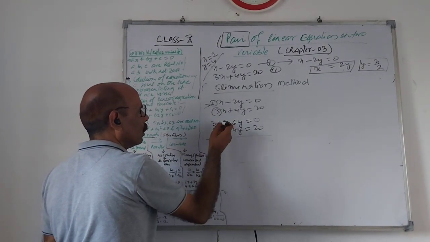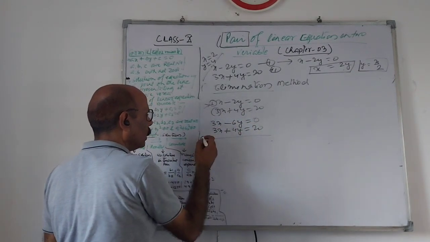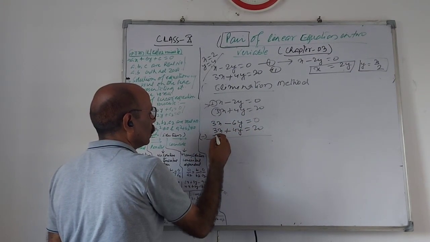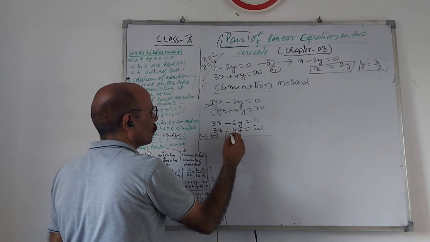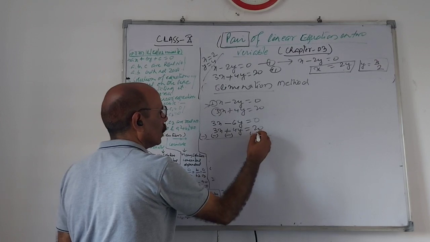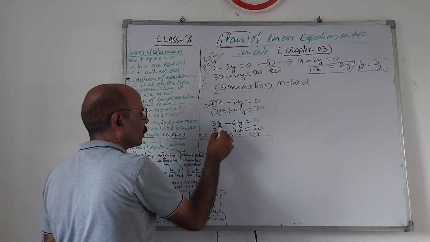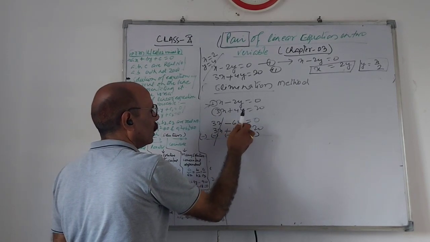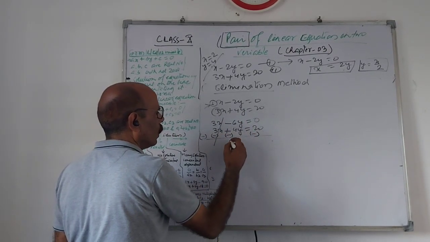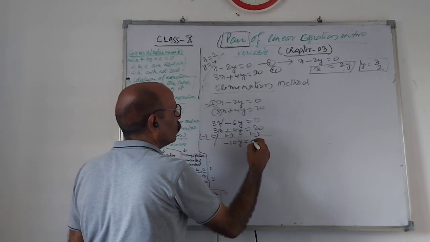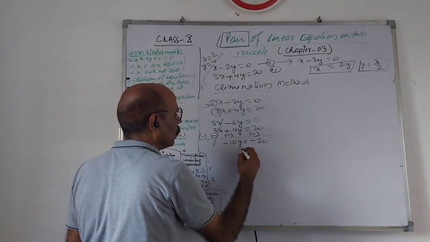Here, subtract the second from the first, so all signs will be changed. Here 3x minus 3x cancels. Here minus 6y minus 4y is minus 10y, is equal to minus 20.